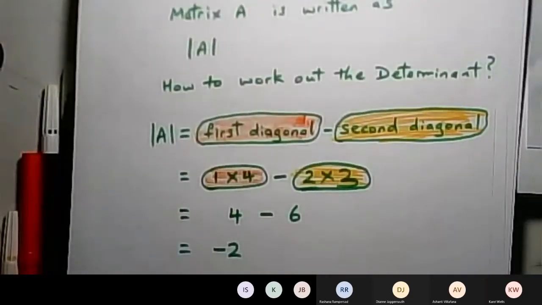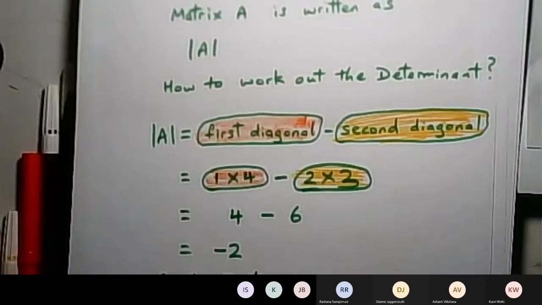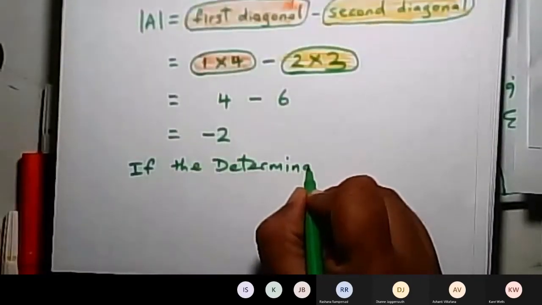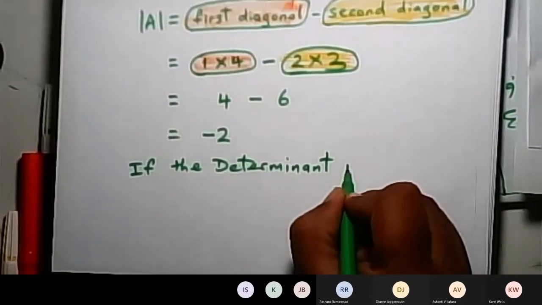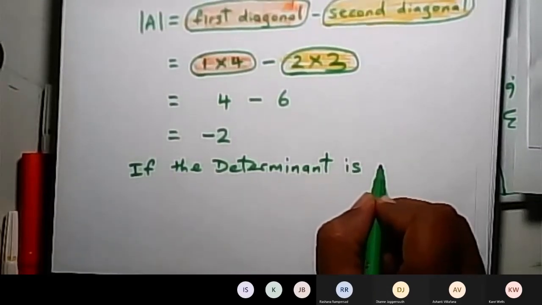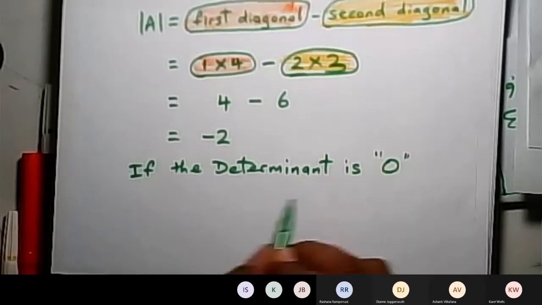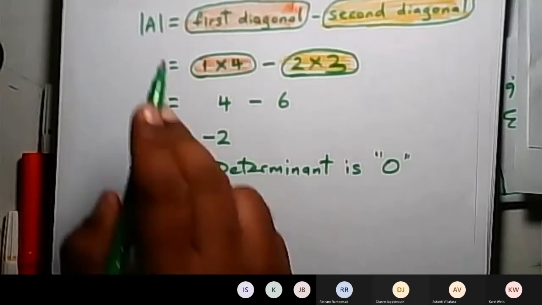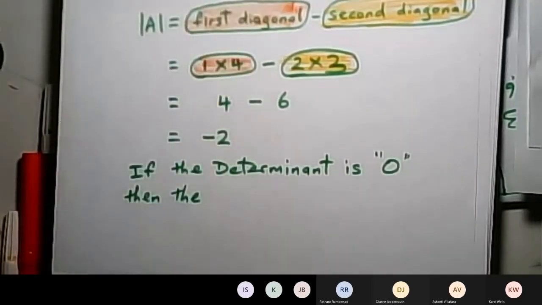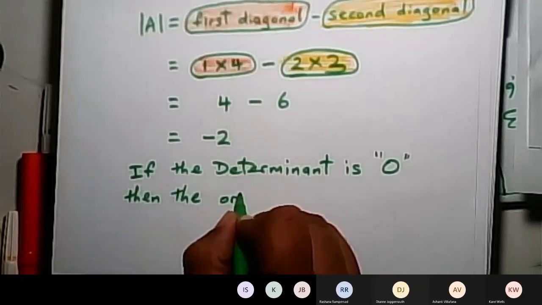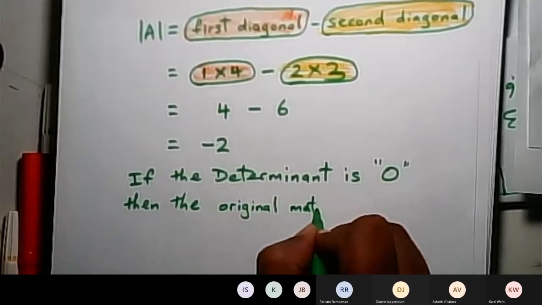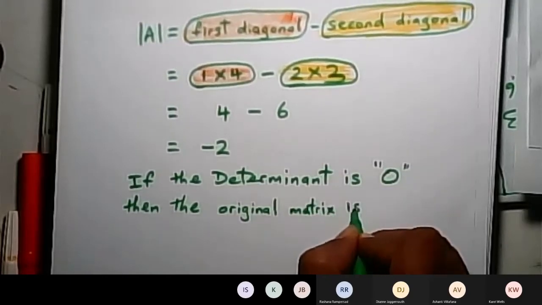And here's the rule. If the determinant is 0, then the original matrix, which was the matrix A, is single.